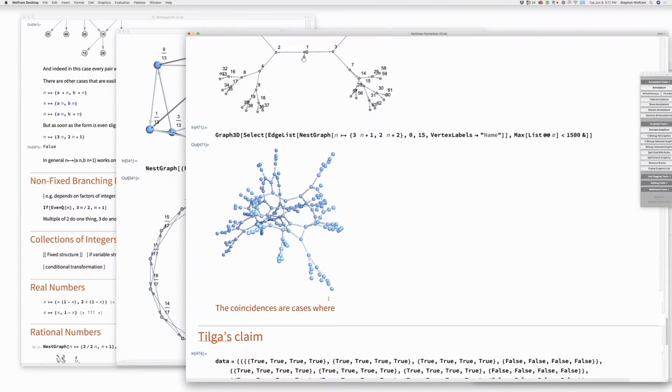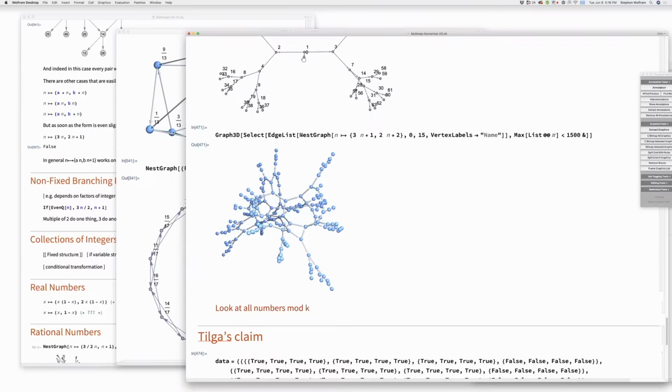Well, okay, so wait a second. So the coincidences are cases where two numbers, so you're saying, look at all numbers mod k, and then the point is that whatever is true about this graph is also true mod k, right?